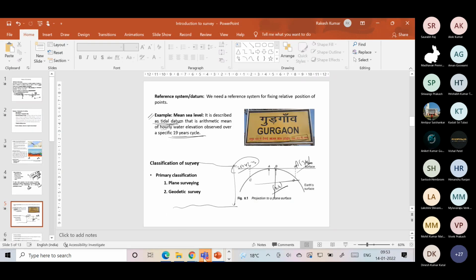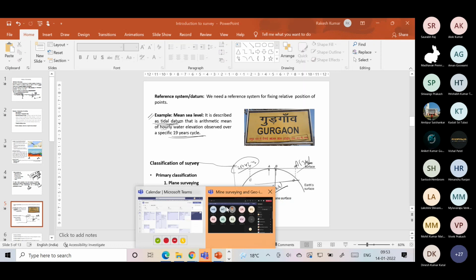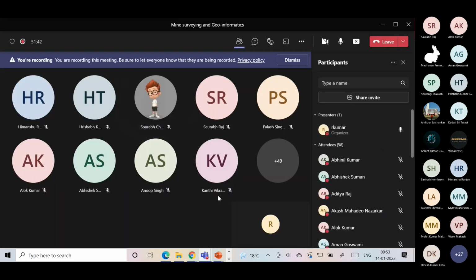What is the strength of the class? 58. Nobody knows? We have to measure the height of the ocean level. You know the height of the ocean level can increase or decrease as time passes. Yes, sir. So you have to take the mean.